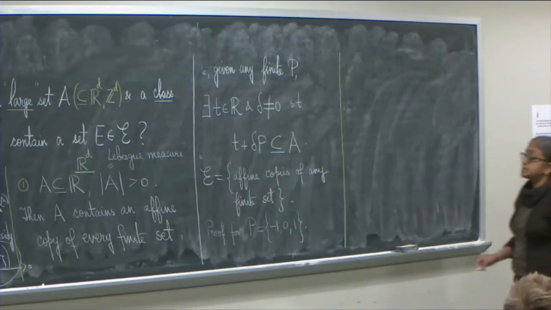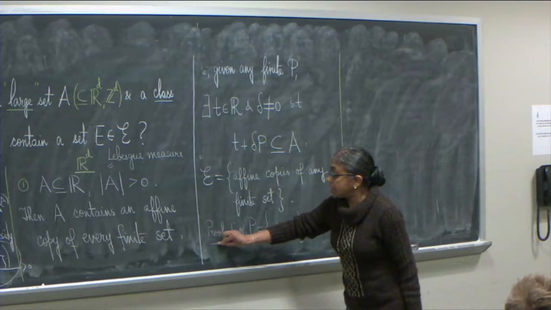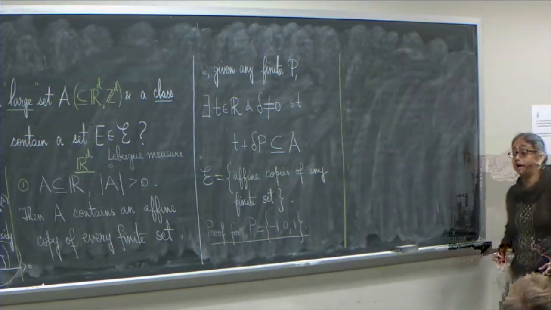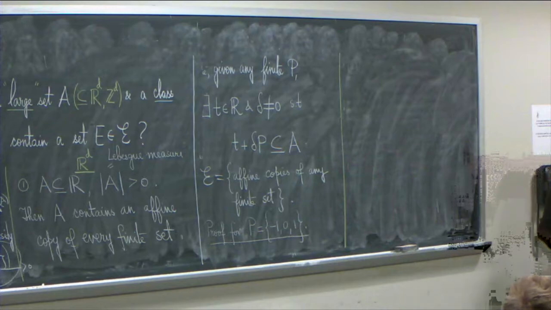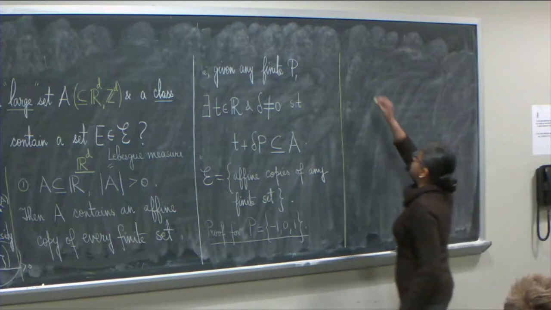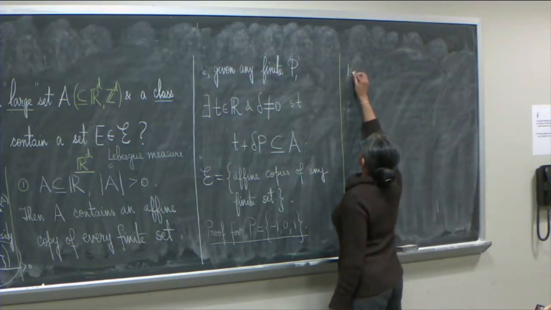So how does this go? Unlike Zimmermann's theorem, which needs some very refined tools, this relies on a very standard result called the Lebesgue density theorem. What does the Lebesgue density theorem say?